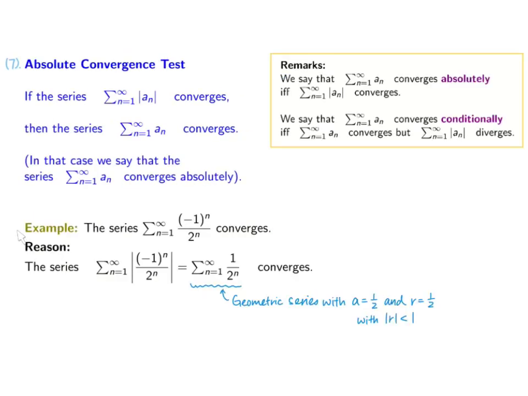In this example here, we see that this series itself converges, and the new series formed by taking the absolute value of each of the terms an here also converges. Therefore, we say that this series converges absolutely.